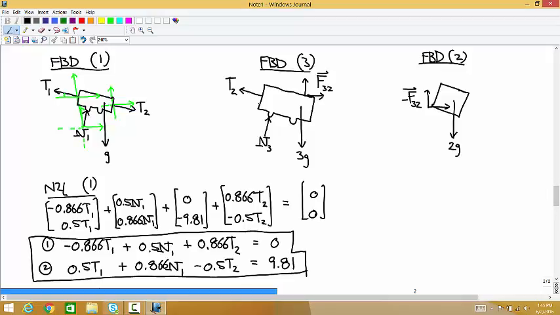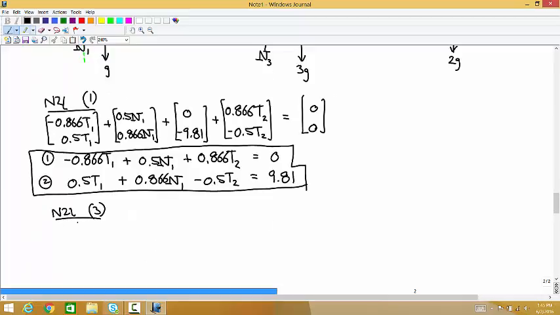What's the angle for T2? 150, yep. So we have negative 0.866 T2, positive 0.5 T2.